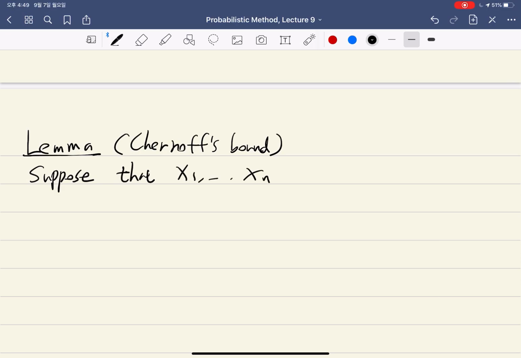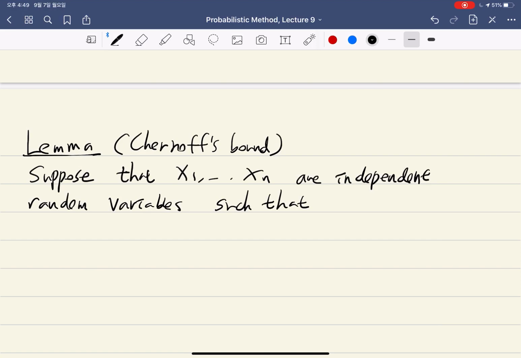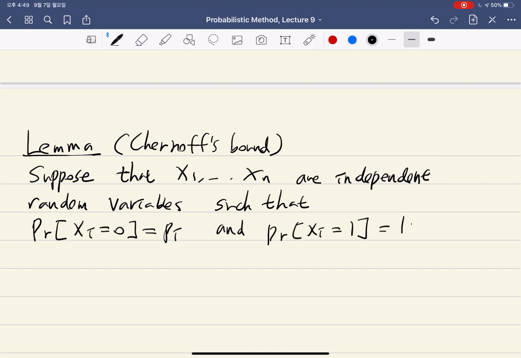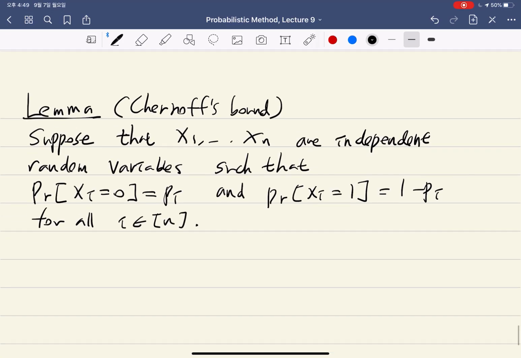Suppose that x1 to xn are independent random variables such that each of them is an indicator random variable, either 0 or 1. It's 0 with probability pi, and it's 1 with probability 1 minus pi, for all i in [n].